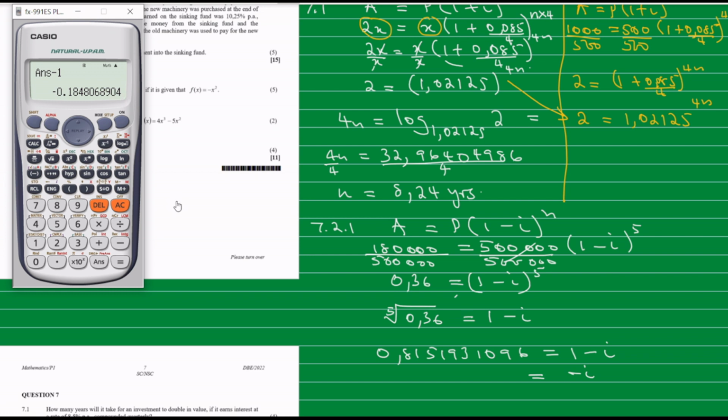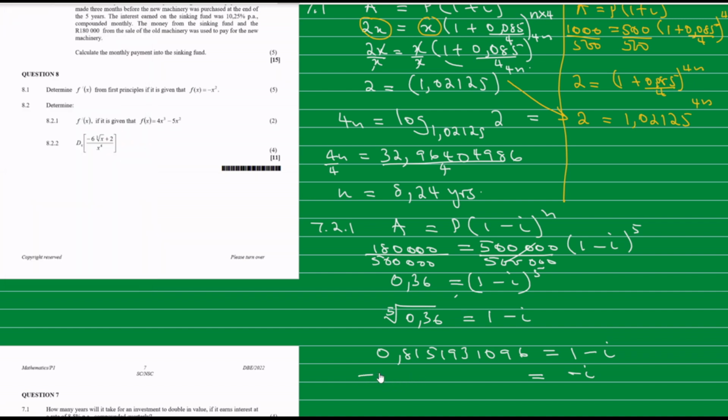Remember, in financial calculations, you are not allowed to round off your calculations. You can only round off the final answer. So always keep on writing the full value of your calculations. So my number is this. So I'll write it down.